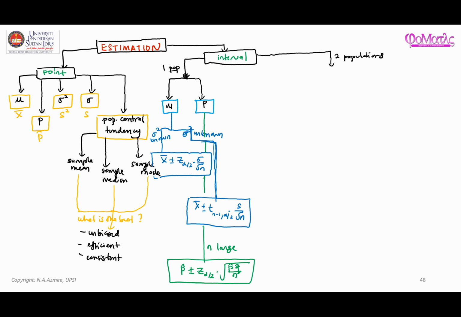Right, so we can make the problem more complicated by considering two populations here. If you have two populations, again you will have the problem of finding the difference in means, or you might be interested to find the difference in proportions.